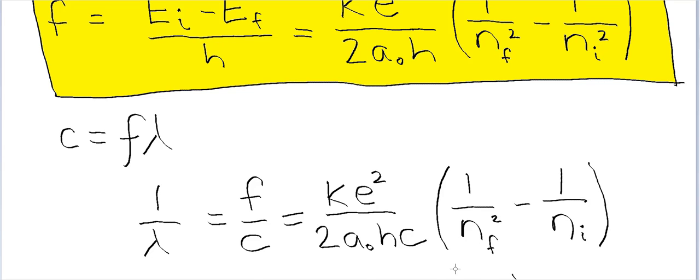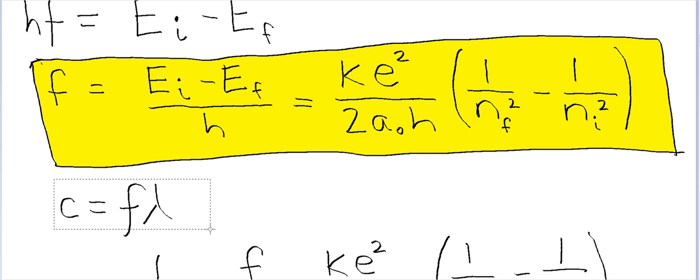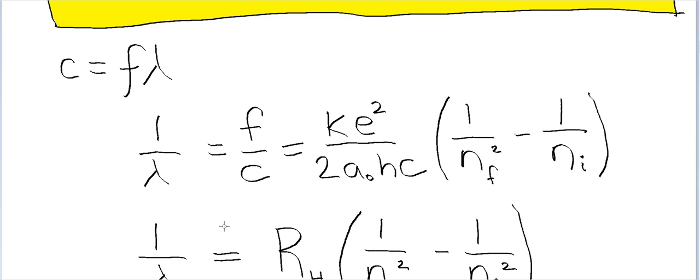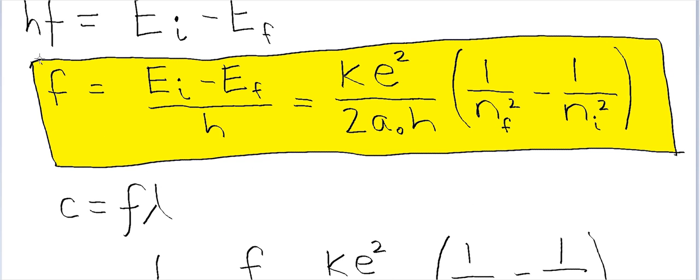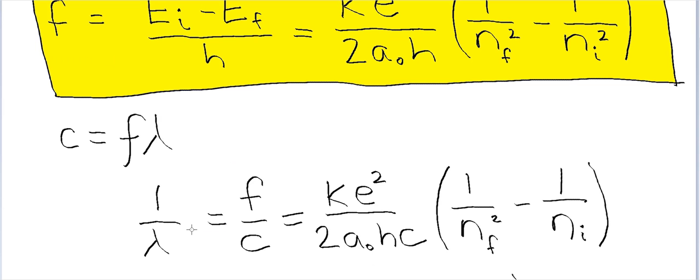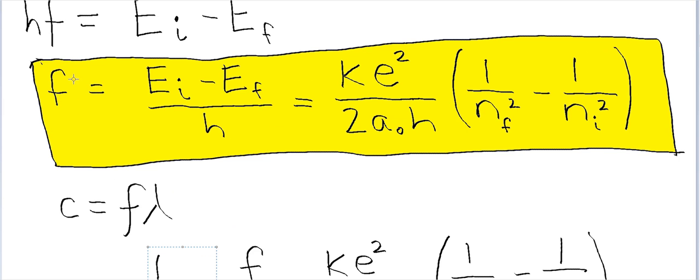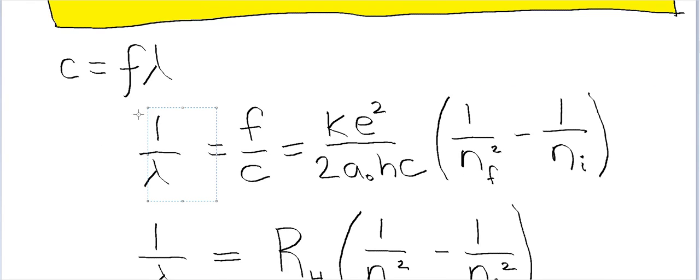Hopefully that's not terrible. We also have the statement that the speed of light c is equal to frequency times wavelength. And so we can say that 1 over the wavelength is the frequency over c, which is just this over c, right?